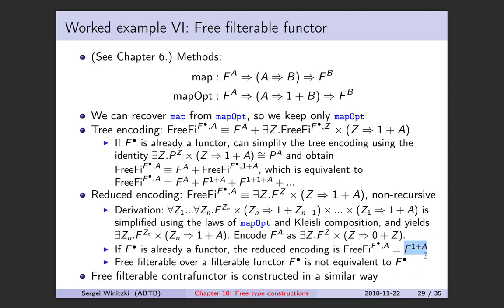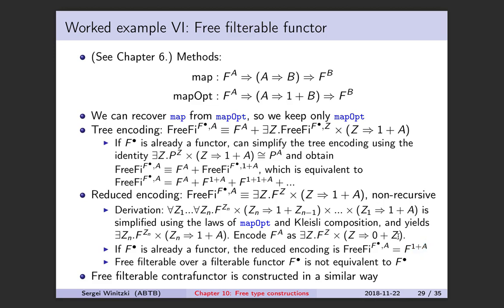You can just implement a filter for any functor applied to an option. So for any functor f, f of Option of a is filterable. And that's a free filterable over a functor. And this is a free filterable over an arbitrary type constructor. So we see again that free filterable over f is not the same as f.